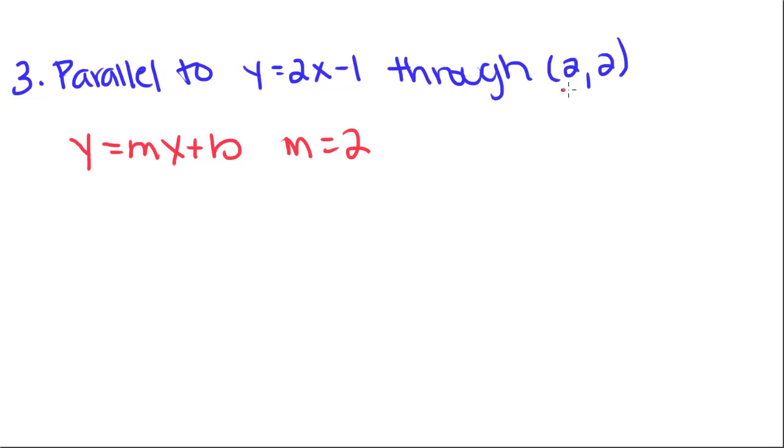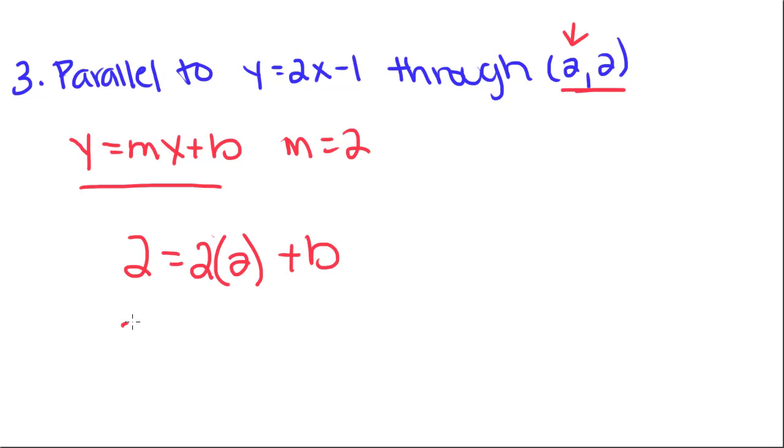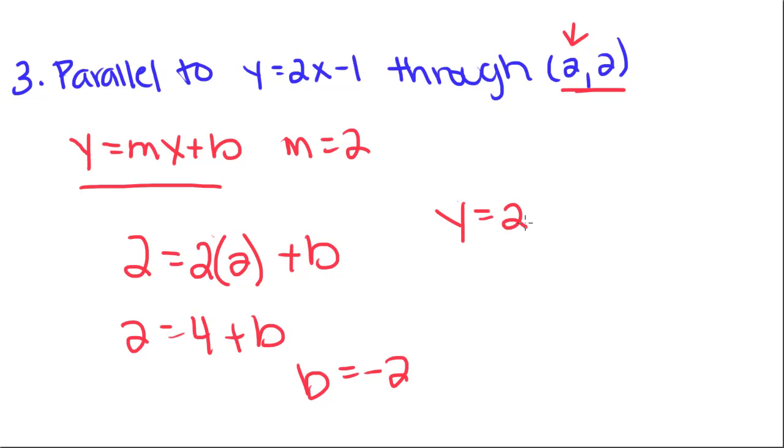So now we're going to plug this point into this equation to get our new equation. So 2 is equal to 2 times 2, this one's this 2, plus b. So 2 is equal to 4 plus b. If you subtract the 4 over, you get b is equal to negative 2. So the equation of the line parallel to y equals 2x minus 1 through the point (2, 2) is y is equal to 2x minus 2.